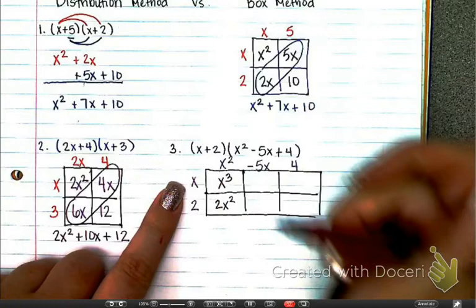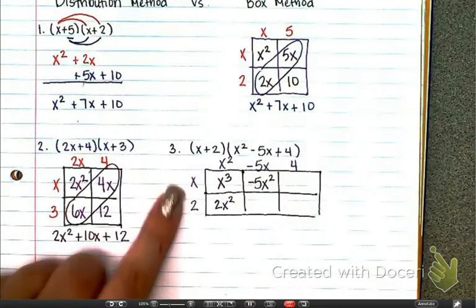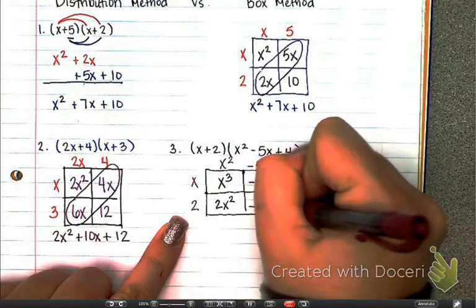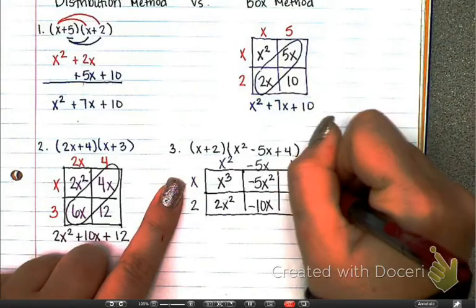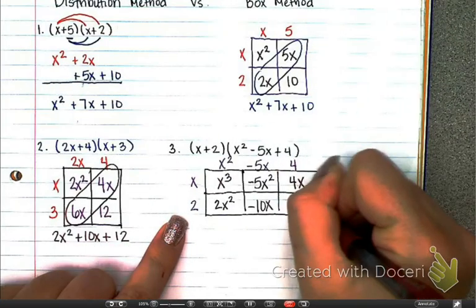X times negative 5x is negative 5x squared. 2 times negative 5 is negative 10x. X times 4 is 4x. And 2 times 4 is 8.